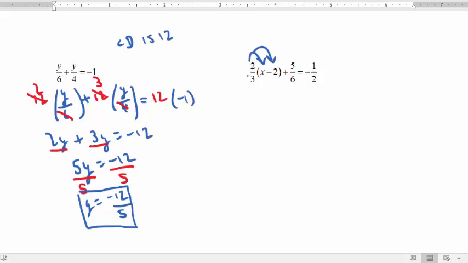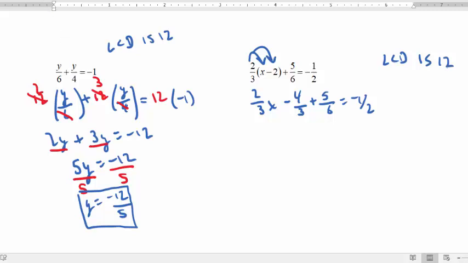So what I would do is I would distribute the 2/3 first, which is what we did when we solved it the other way, right? The normal way. And then I would say, all right, I have denominators of 2, 3, and 6. So the LCD of 2, 3, and 6 is 12 again. LCD is 12.